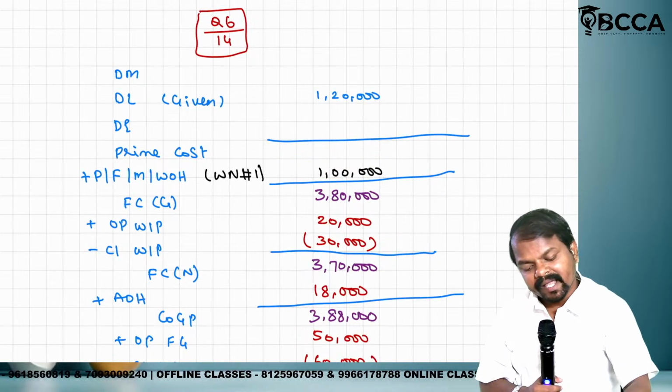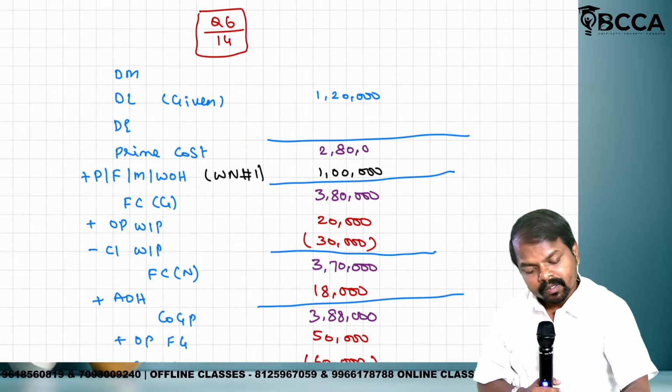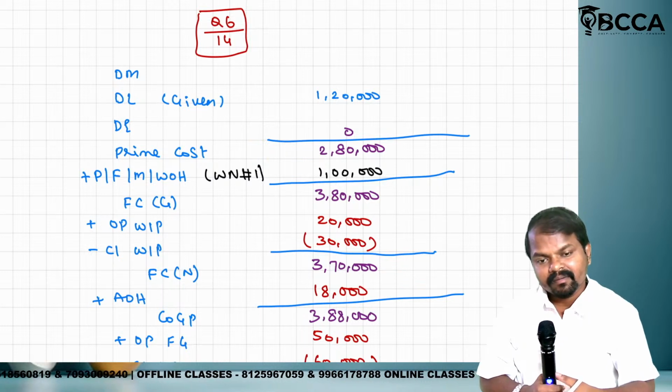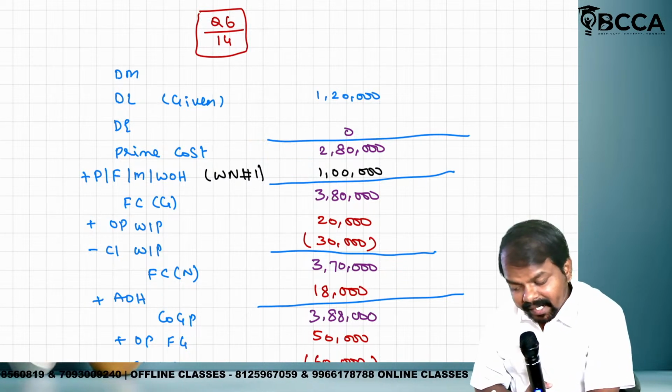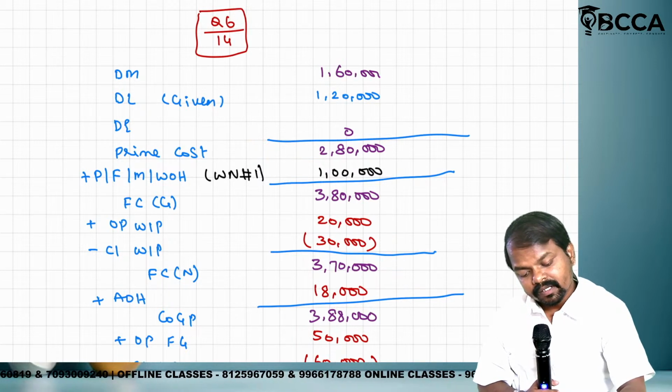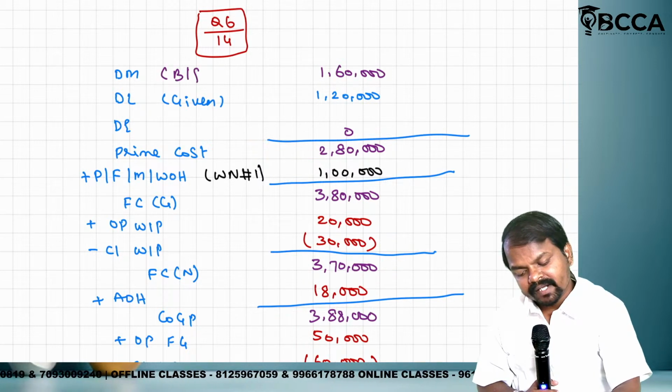Then minus 1 lakh. So direct expense is 0. What about direct material? 2 lakh 80 minus 1 lakh 20, 1 lakh 60. How did you get the balancing figure?